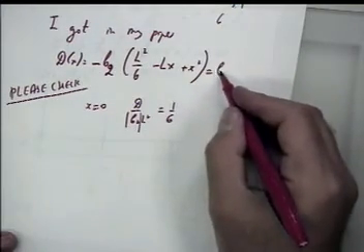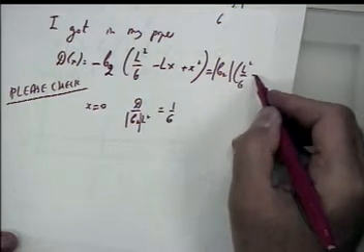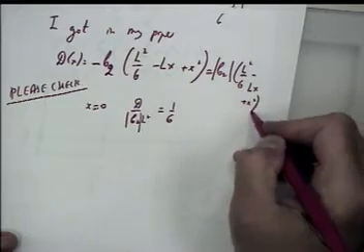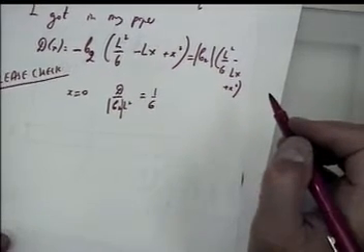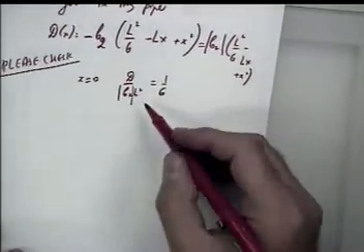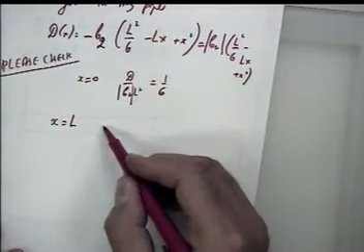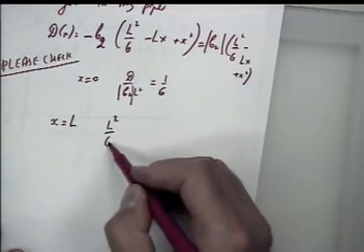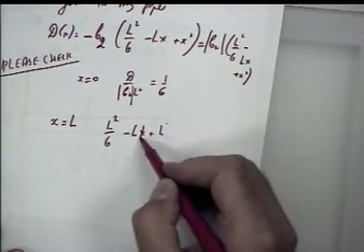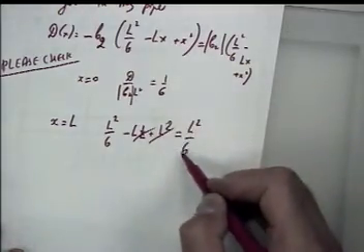This equals the absolute value of b2 times L square over 6 minus Lx plus x square, at x equals 0. Now, x equals L, we get L squared over 6 minus Lx plus L squared. So that is L squared over 6.